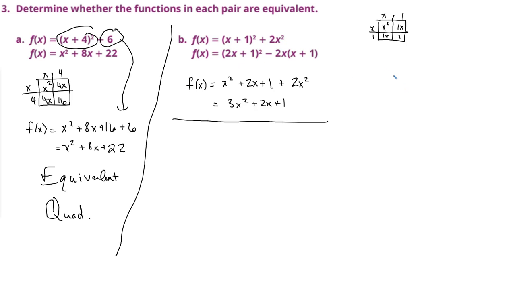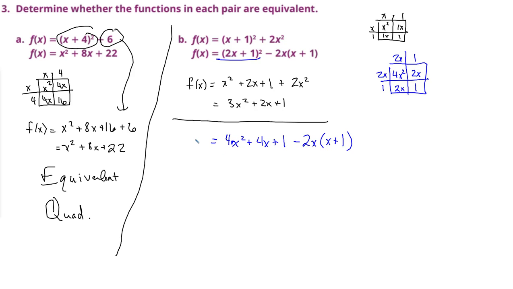And this next one, we need to take into a box for that first part. We have 2x and 1, 2x and 1. Gives you 4x squared, 2x, 2x, and 1. And so when I combine like terms, I have 4x squared plus 4x plus 1 minus 2x times x plus 1 is equal to that second function.